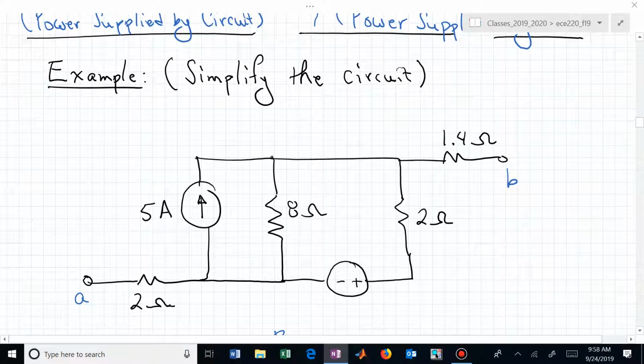Now, let's move into using these source transformations to try to simplify what's between nodes A and B. Let's see if we can boil this down to a source in series with a resistor. Can we obtain a Thevenin equivalent for this mess?